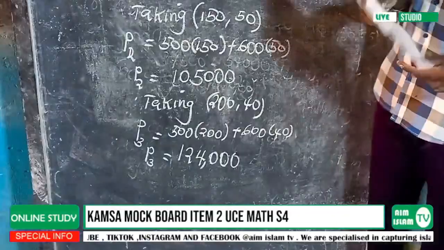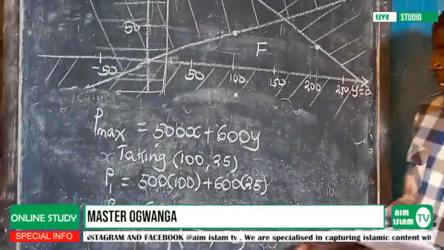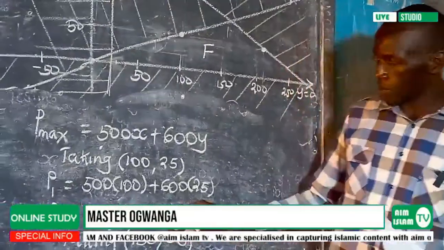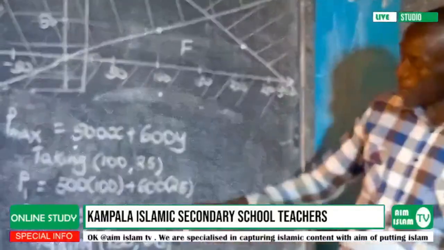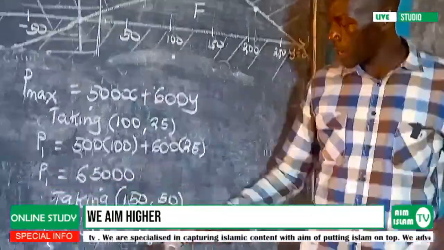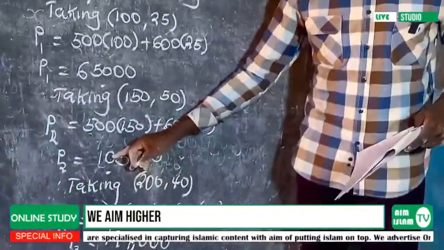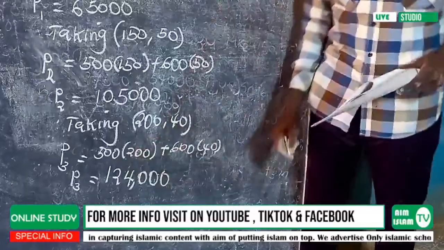So basing on the three values of the profit we have obtained, by taking the points in the unshaded region, you realize that the profit we are going to obtain here should be the maximum. Maximum means the bigger amount we are seeing. If I compare, profit 1 was 65,000, profit 2 is 105,000, and then profit 3 is 124,000.